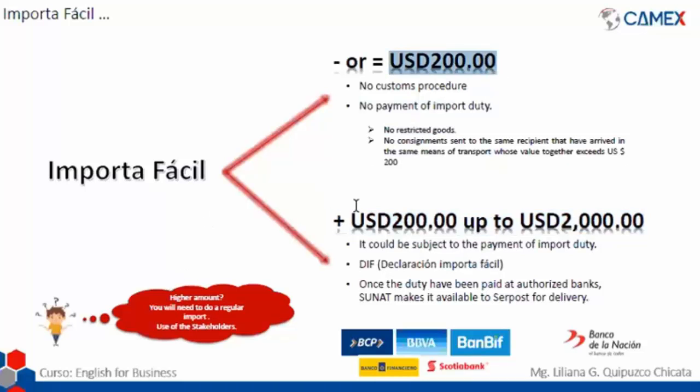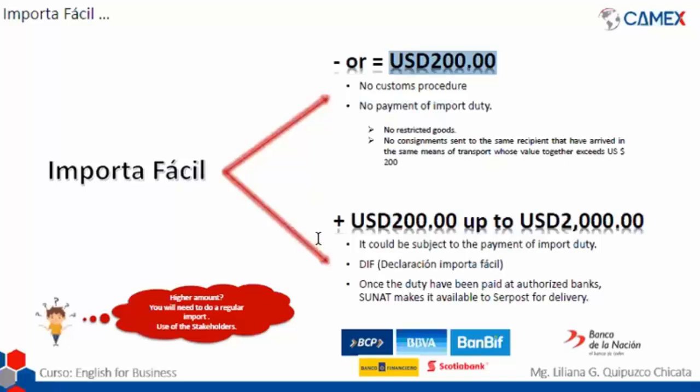Okay. Now, what happens if I'm not going to import $2,000? I need to import more. Let's say $3,000, $4,000, $5,000, and I want to use Importa Fácil. What happens if I need to import a higher amount? In this case, if you import more than $2,000, you will need to do a regular import using the stakeholders.